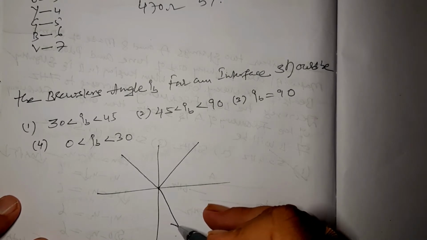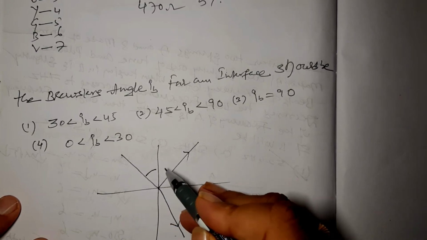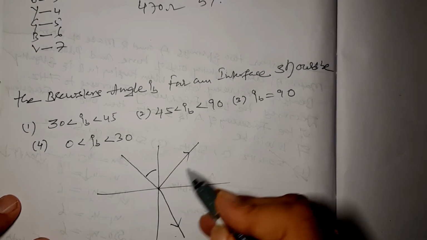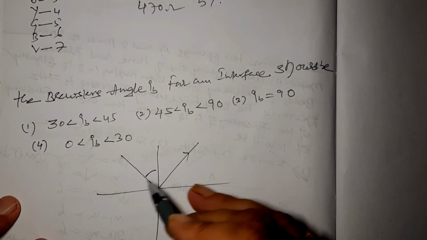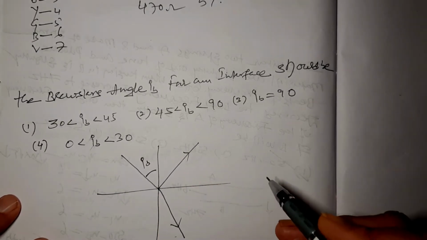This is the refracted ray and this is the reflected ray. At the particular angle at which the reflected light is completely polarized, we call that the Brewster angle, iB.